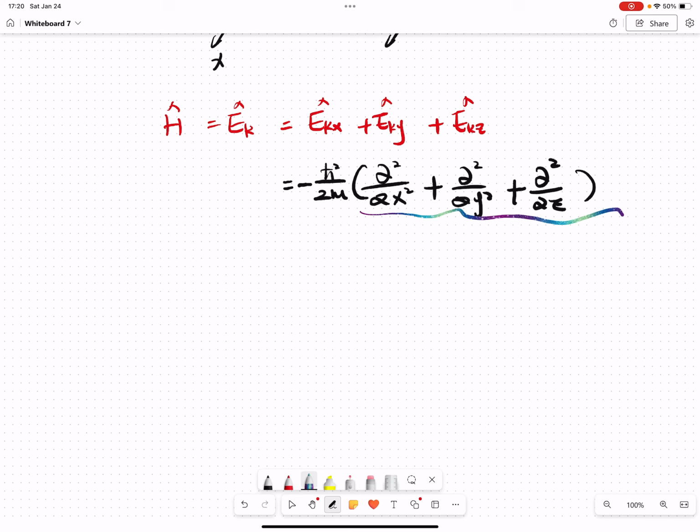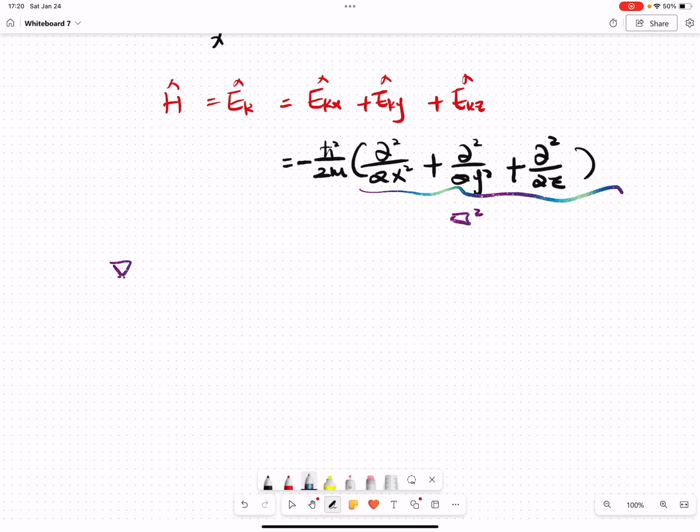So what we're going to do is look at how to work on this. Again, I will just give you the final answer because it's really tedious to solve.